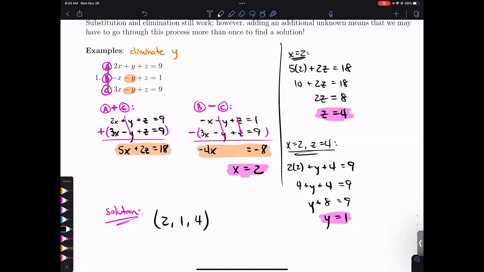Okay, but again, I think doing this kind of thing, like planning and being deliberate about what you're trying to do, is helpful here. Otherwise, I can't tell you how many times I've graded an exam problem where people do 3 or 4 different eliminations and do them all correctly, but one of them is in terms of x and z, and another one you get an equation that's x and y, and another one you get an equation that's y and z.